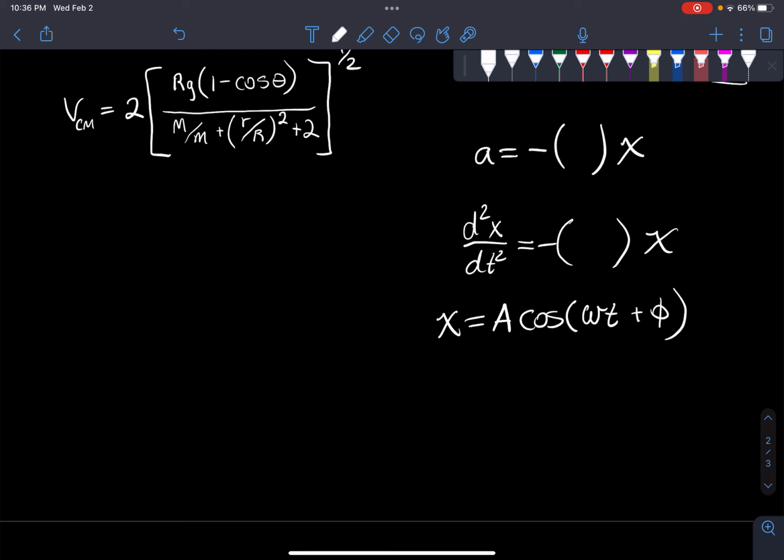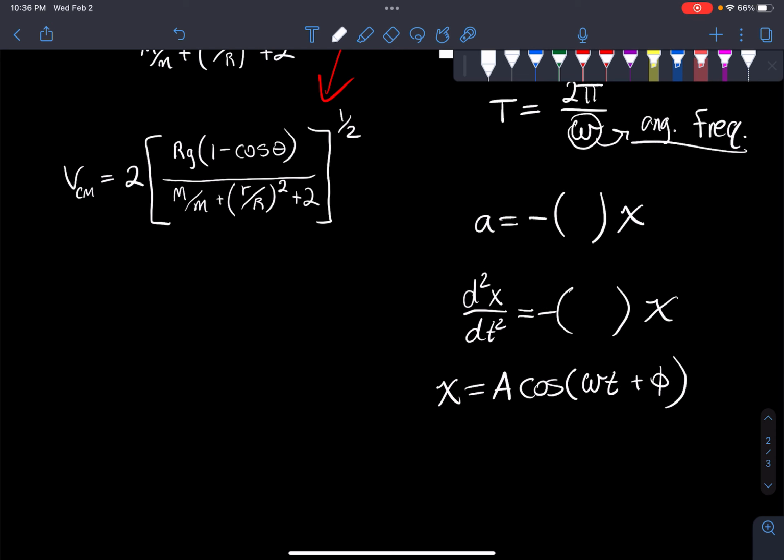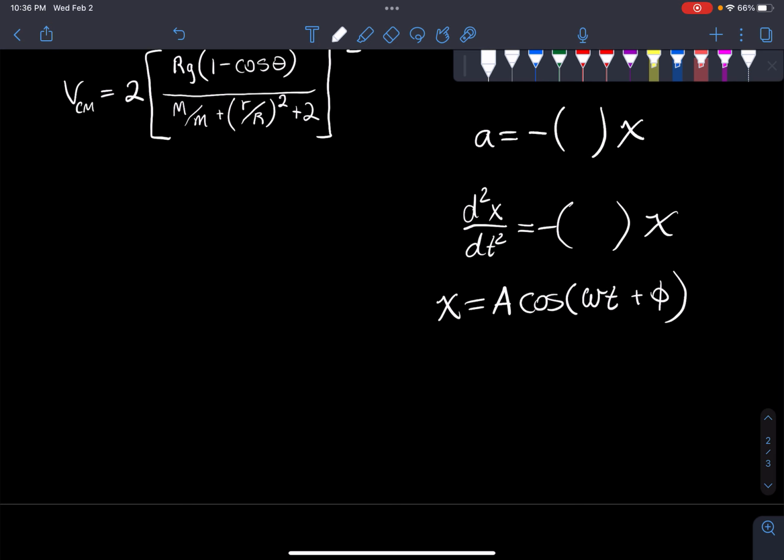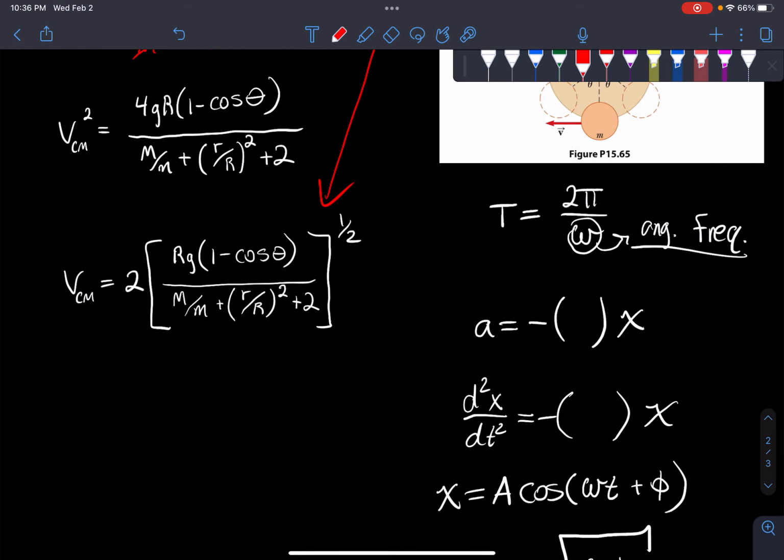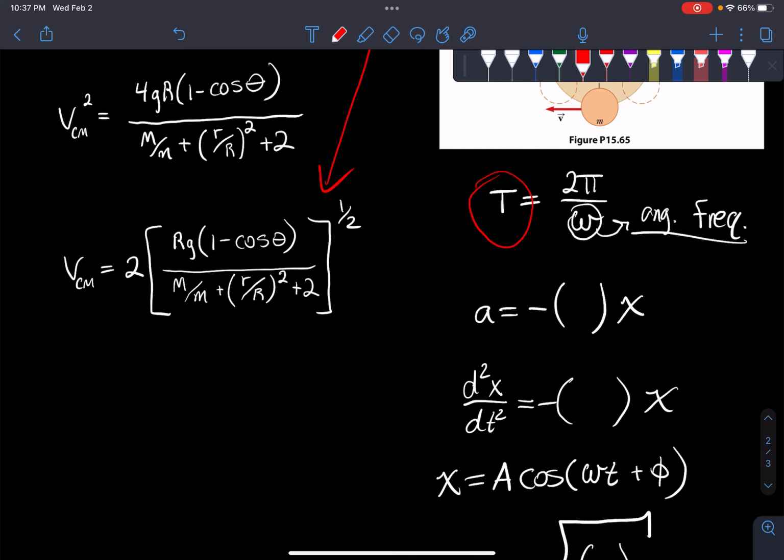We don't really need to worry too much about that, but either way, that's the solution. I should say that omega is given by the square root of this constant, whatever you get here, which depends on the situation. All that goes to say is if we can find an expression for omega, then we can do 2 pi over omega, and that gives us the period, which is what we're trying to find.